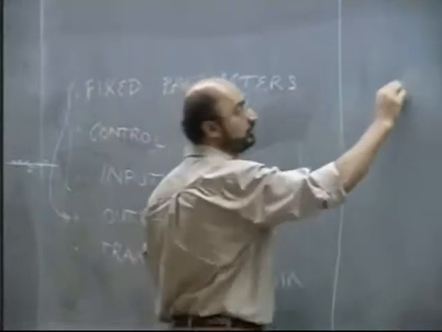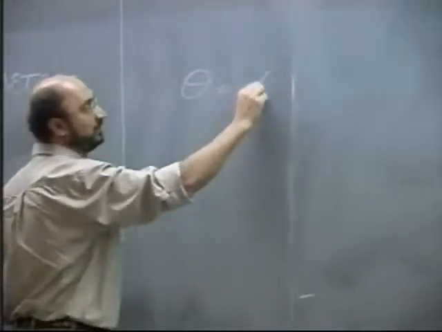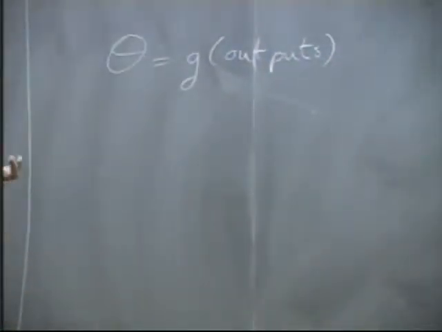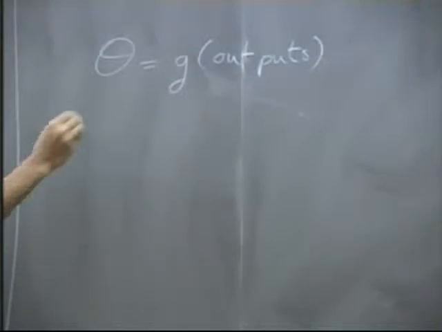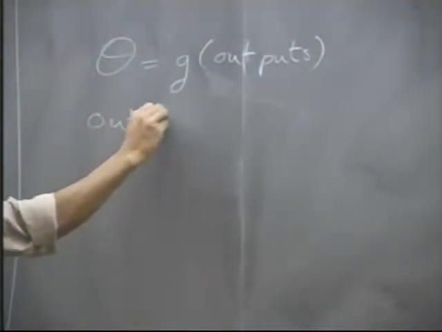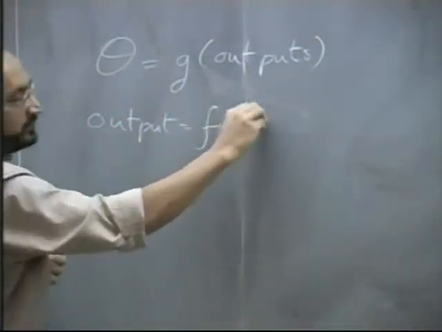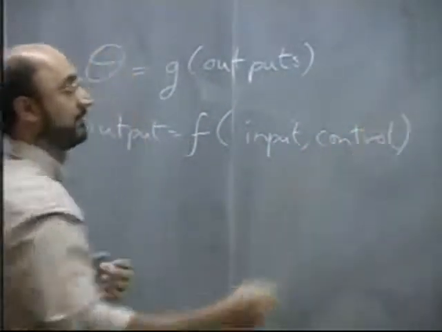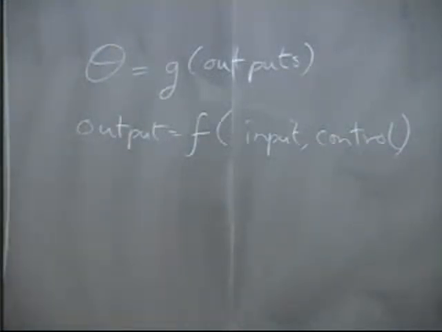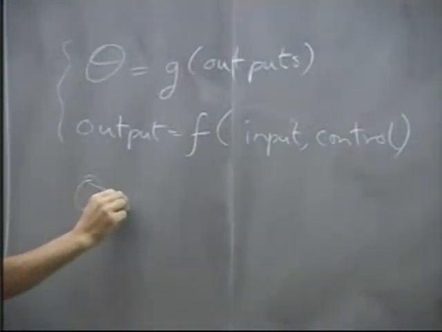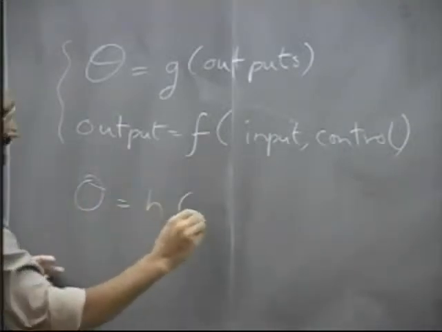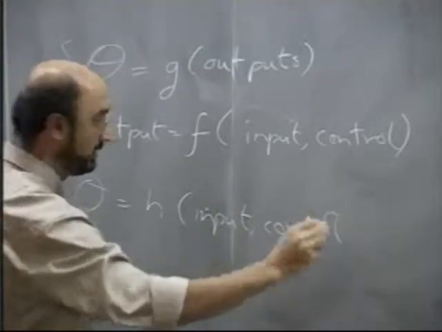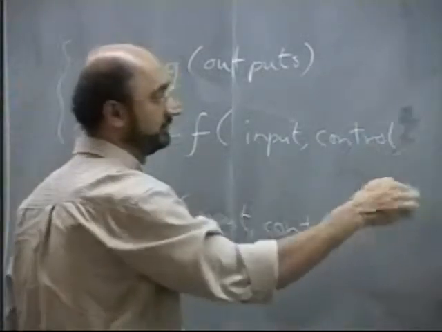So let's say that O is some function G of some output parameters, right? That's what I said. O is some function G, and we said that the output is some function F of the input and control. Okay? So obviously what I can do is to just combine the two and just say O is some function H of the input and control. And actually I should probably say over here the fixed as well.